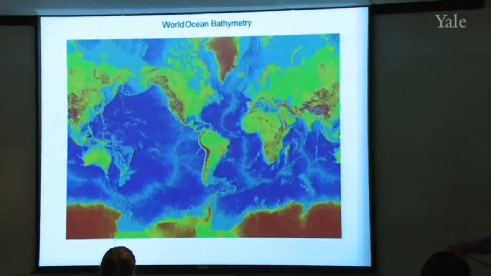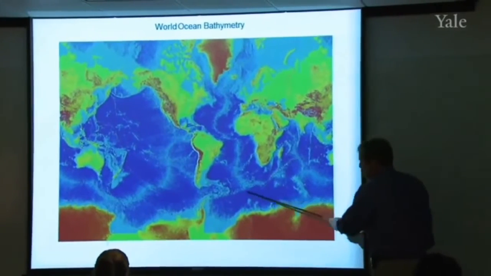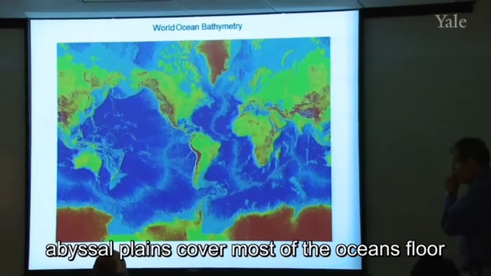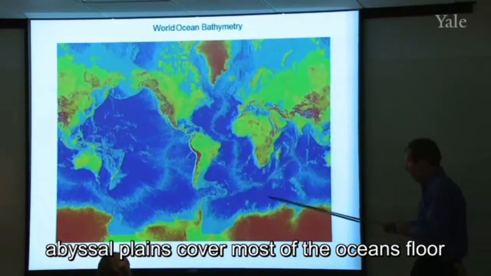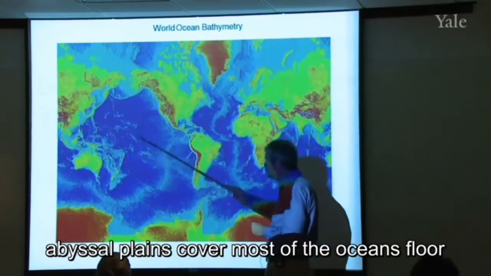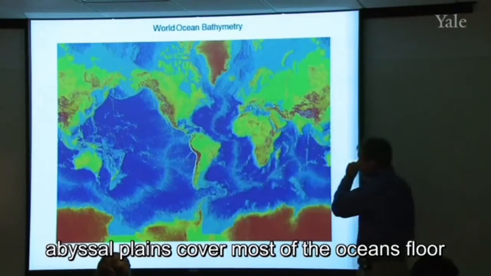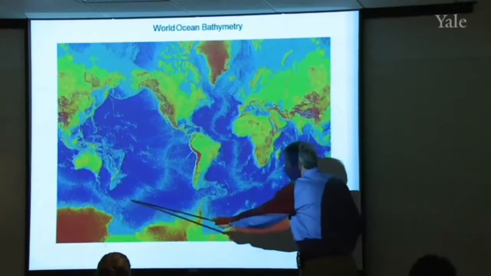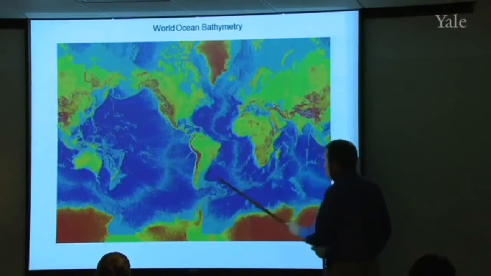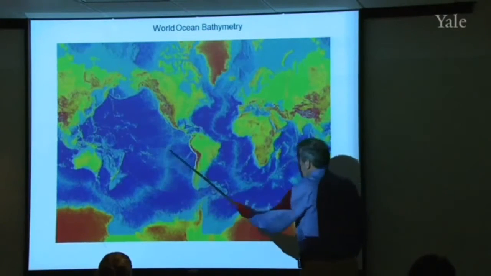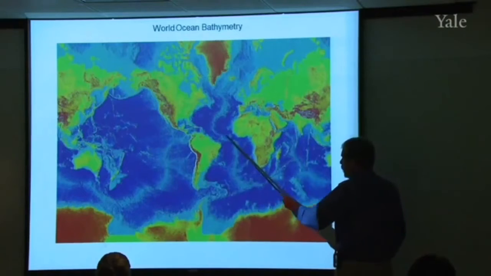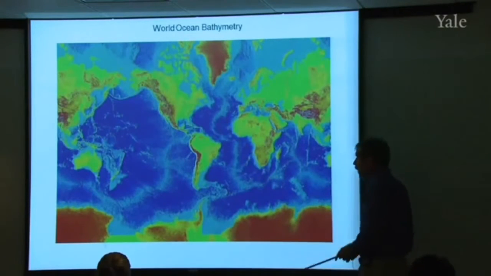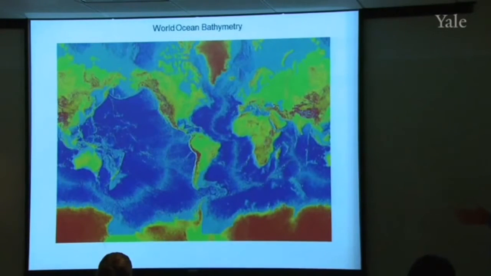The color scheme is not quantified on here, but I can tell you basically what's going on. All the deep blue is abyssal plain, about 5 kilometers deep. And you see it a lot of places. These little lines that run up through the middle of oceans, for example, in the South Pacific and all the way up through the South and the North Atlantic, those are spreading centers, mid-ocean ridges.